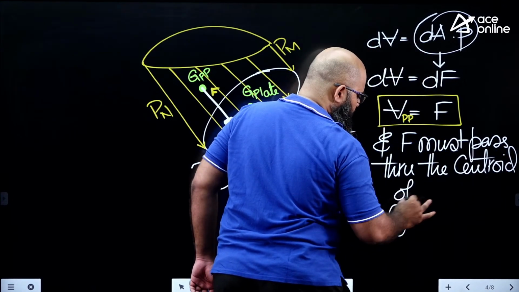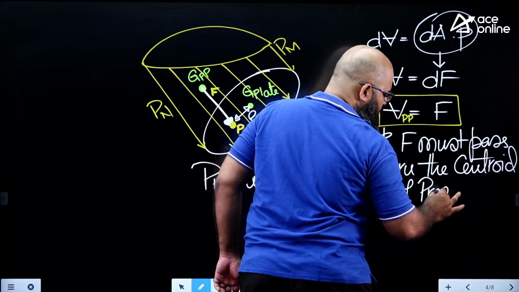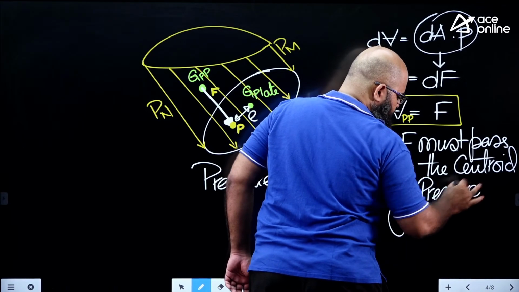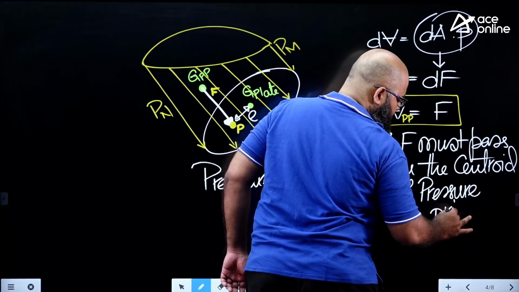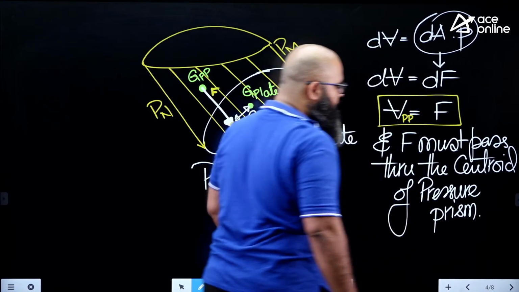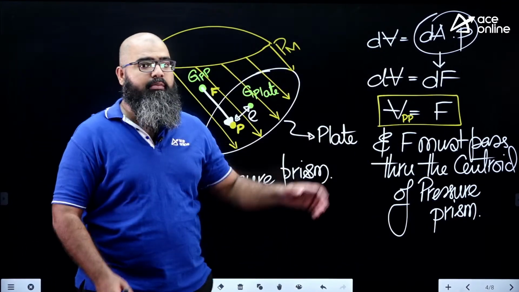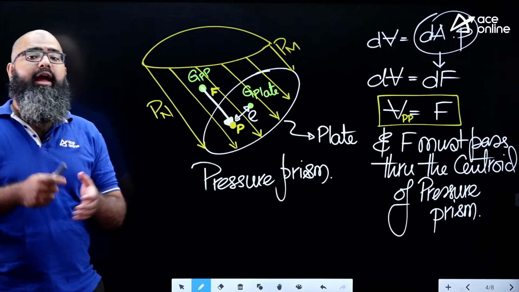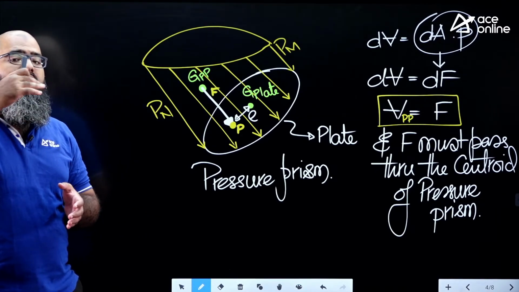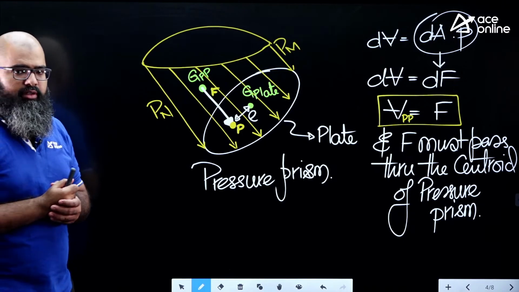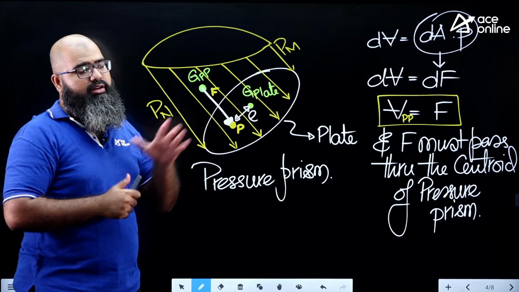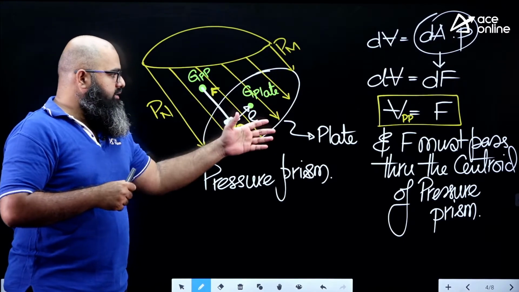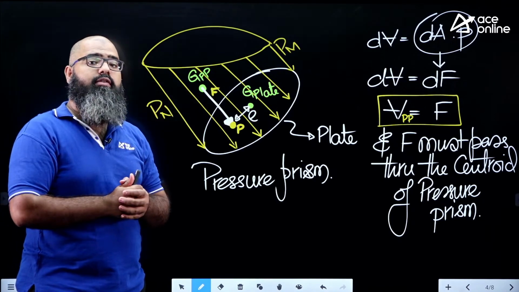Particularly the second point will be very helpful in cases where you are having a rectangular plate, especially when one end is exposed to atmosphere. The second point will become particularly important. If you have understood this, let us go further to solve a question.